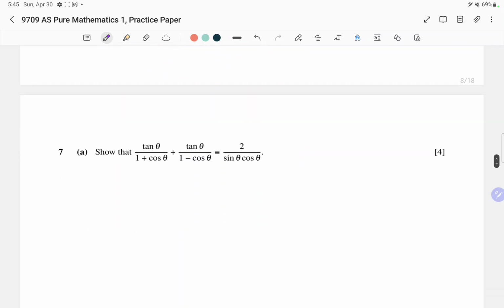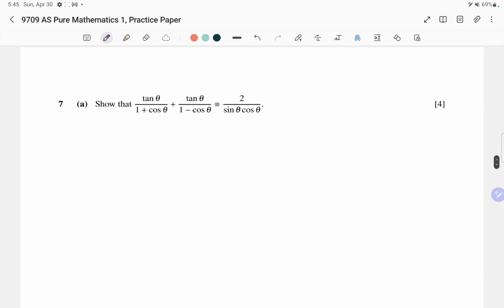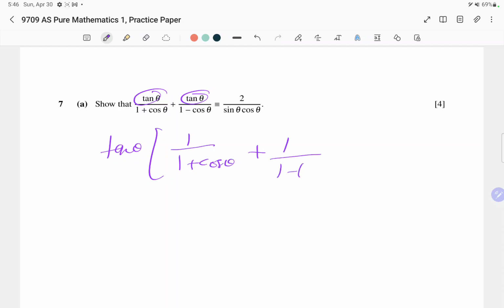So we got that. Now come to the next question, which says tan theta over 1 plus cos theta plus tan theta over 1 minus cos theta. Then we can take tan theta common: 1 over 1 plus cos theta plus 1 over 1 minus cos theta.